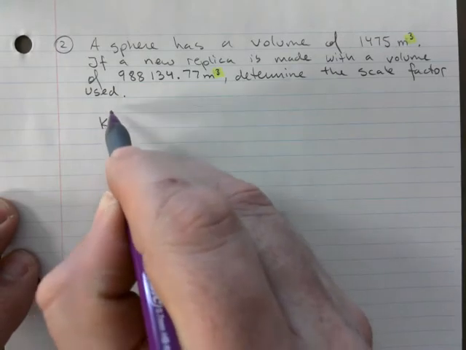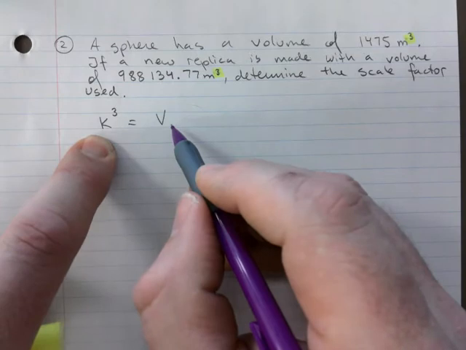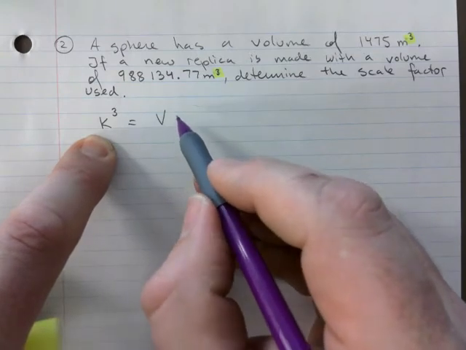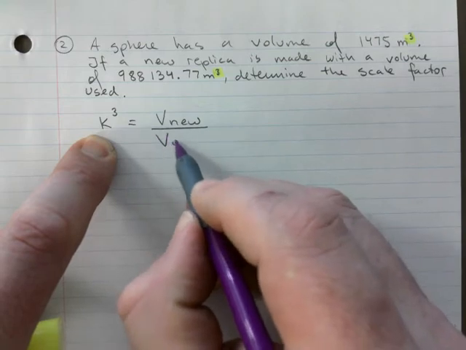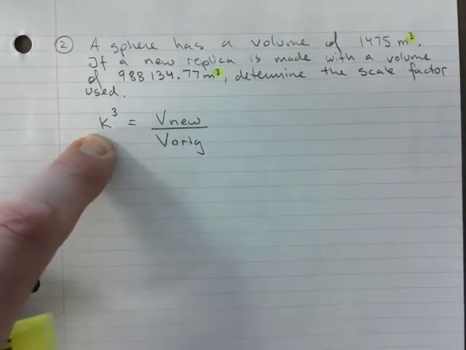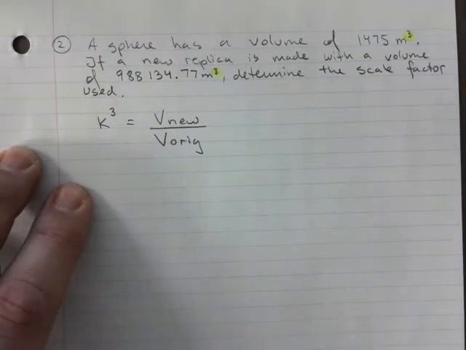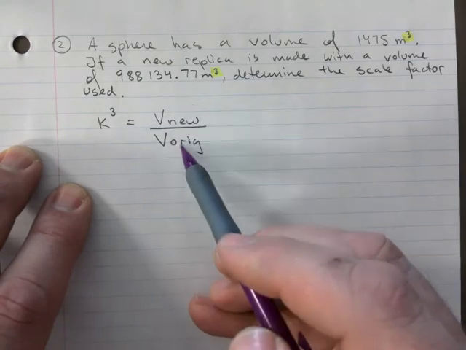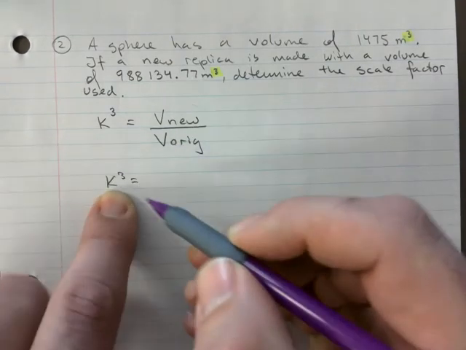And you're going to go K cubed, scale factor cubed, is volume of, I'm going to use new and original, sorry, new and original. That's what I'm going to use. You've been provided with both of these, okay? So I'm going to go K cubed, don't drop the cube just yet.